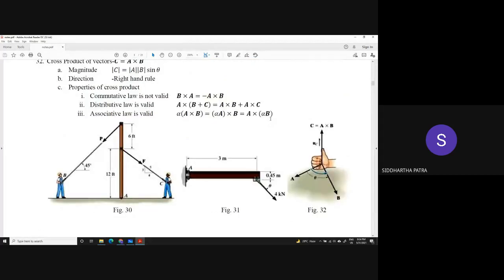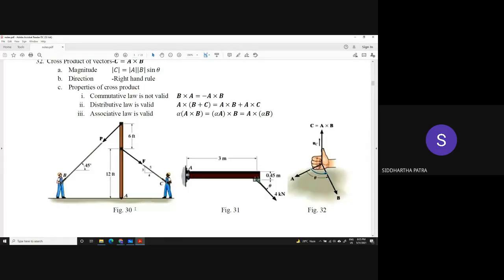I believe there are two more problems. Okay. Without using the cross product. So problem number 30 and problem number 31. We will do them today, and in the next class we will proceed with cross product.